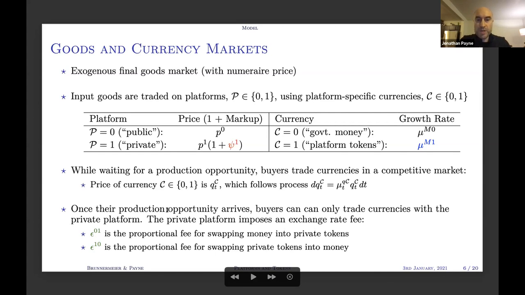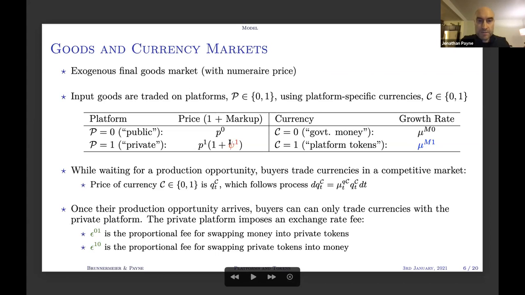When they get one of these production opportunities, the buyers can only trade currencies with the private platform. This gives the private platform some market power, and they're able to impose an exchange rate fee. So I use epsilons for these exchange rate fees. Epsilon 0,1 is the proportional fee for swapping money into private tokens, that's currency 0 to currency 1. And epsilon 1,0 is the proportional fee for swapping private tokens into money, going from currency 1 to currency 0.